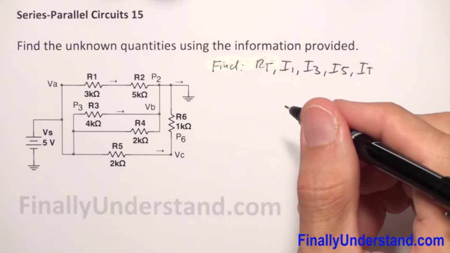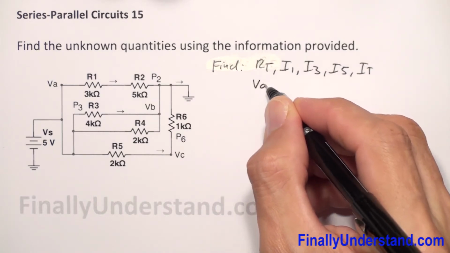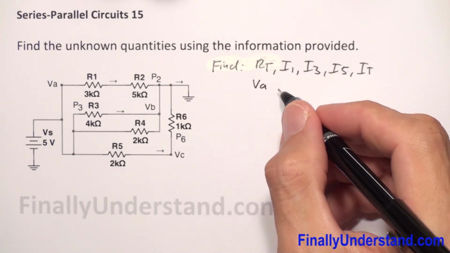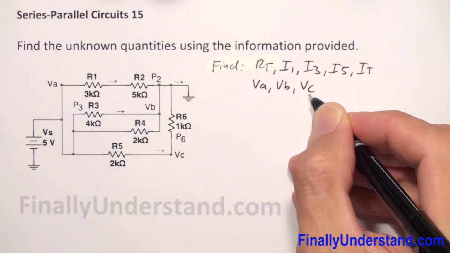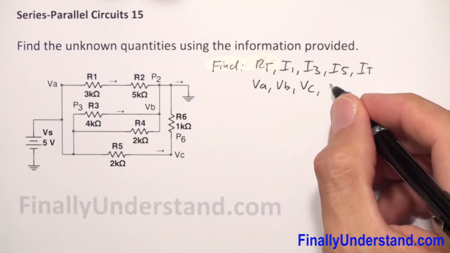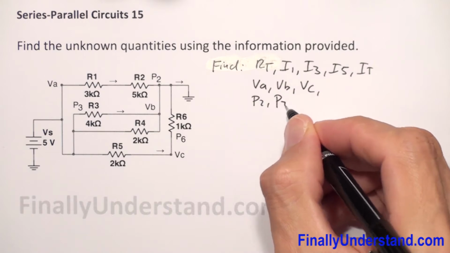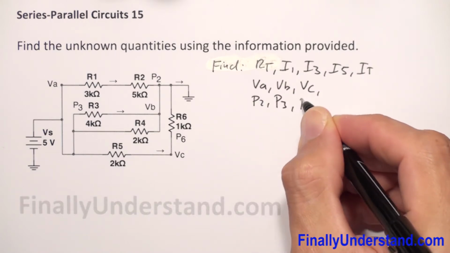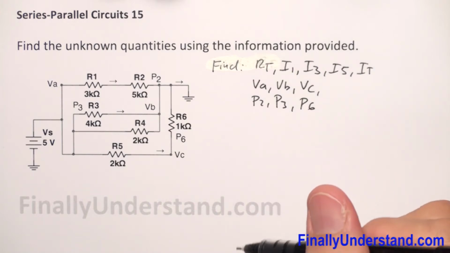We have also VA. We're supposed to find VB, VC. We're supposed to find P2, P3, and P6. Okay, we have to find all these quantities.